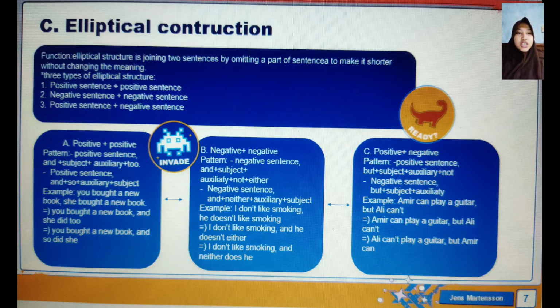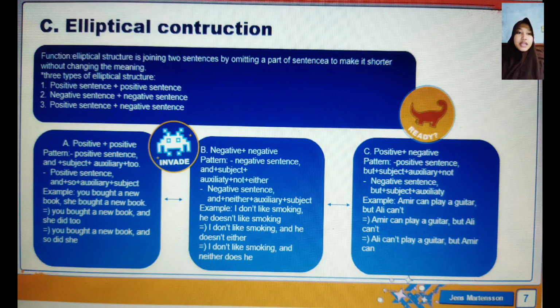A. Positive plus positive. One pattern is positive sentence, comma, and plus subject plus auxiliary plus too. The second pattern is positive sentence, comma, and plus so plus auxiliary plus subject.